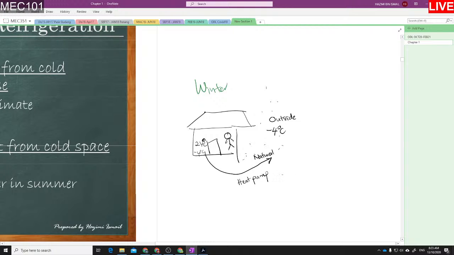The heat pump needs to maintain your 24 degrees in your house, so it must bring Q, the heat energy, from the -4 low temperature outside into your house at the higher temperature of 24 degrees.